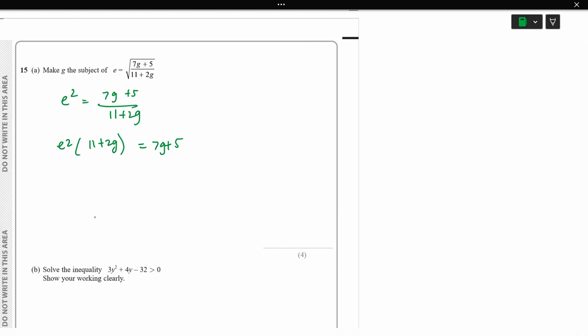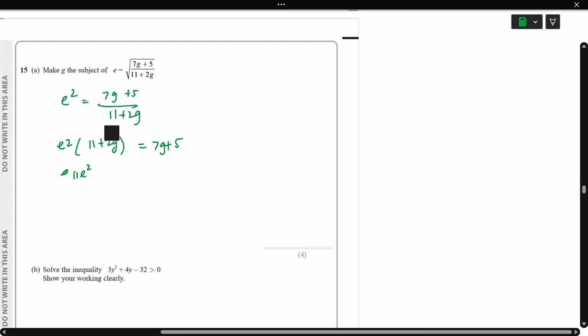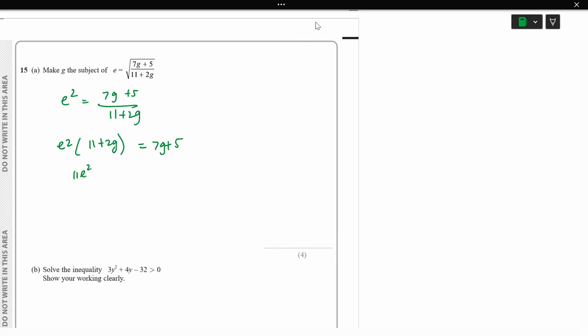Expand: 11E squared plus 2E squared g equals 7g plus 5.